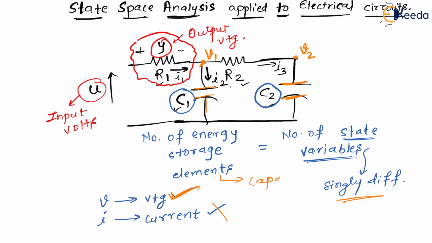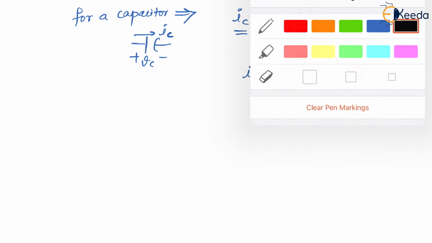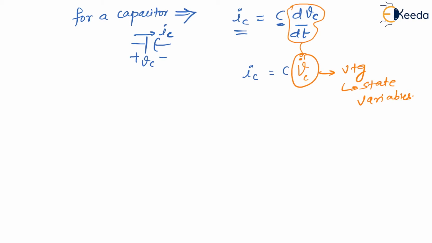If you want it to be singly differentiable, that is IC equal to C into V dot, that is only possible because this is V dot. So V has to be the state variable. So let us see that. Now let us apply KCL.